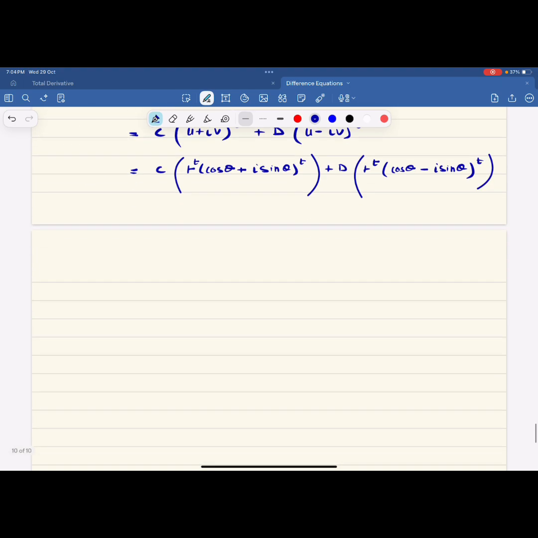Now I'm going to use de Moivre's law, in which the power can go inside.